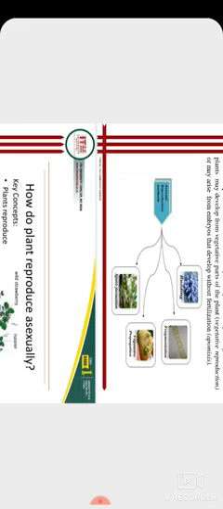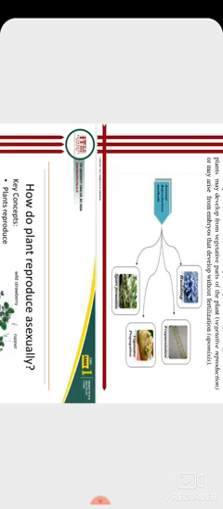Before studying vegetative propagation, first you have to know what reproduction is. Second, what are the modes of reproduction. Third, how many types of reproduction there are. Fourth, what is asexual reproduction.